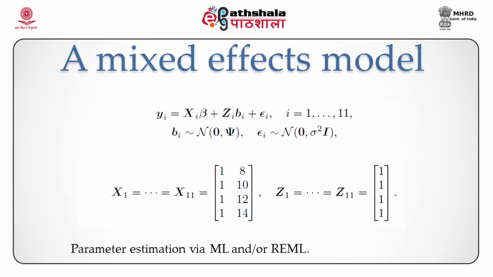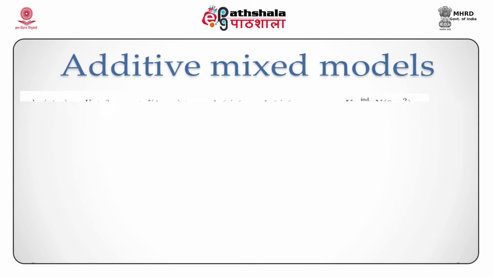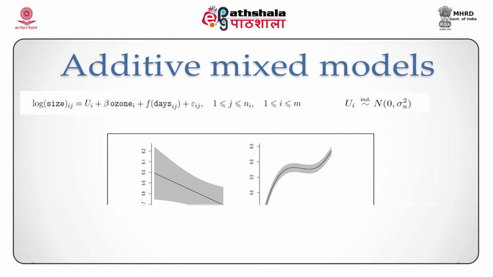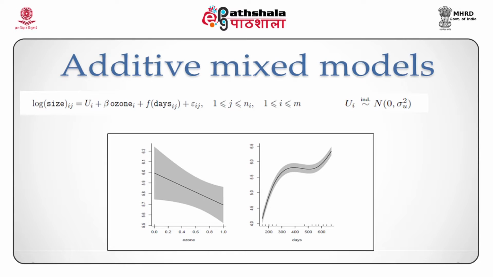The data given on this slide refers to another very popular public domain longitudinal data set available from R, which relates to the size of trees. We have some trees which were exposed to ozone and some trees which were not, and we measure the size of the trees.